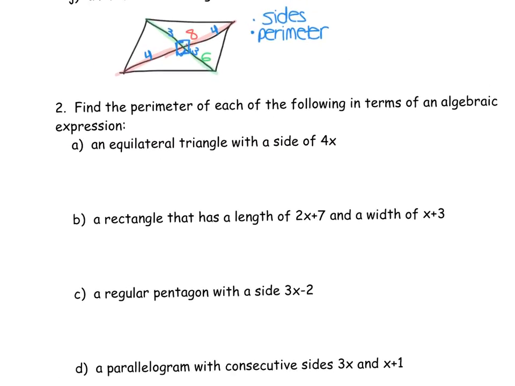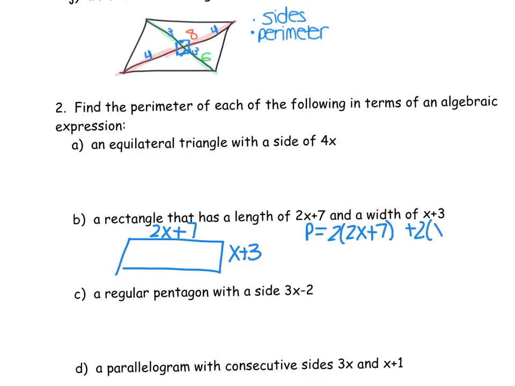A rectangle has a length of 2x plus 7 and a width of x plus 3. So if we take our formula, or we add all the sides together, whichever you prefer, we get 4x plus 14 plus 2x plus 6.